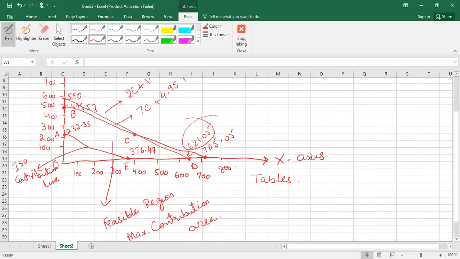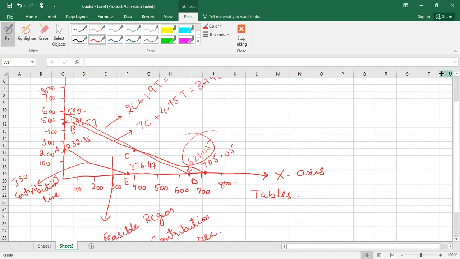Now I am going to assume one thing, that I am going to draw a straight line at a level of 500. I am erasing this data and trying to draw the straight line at 500.